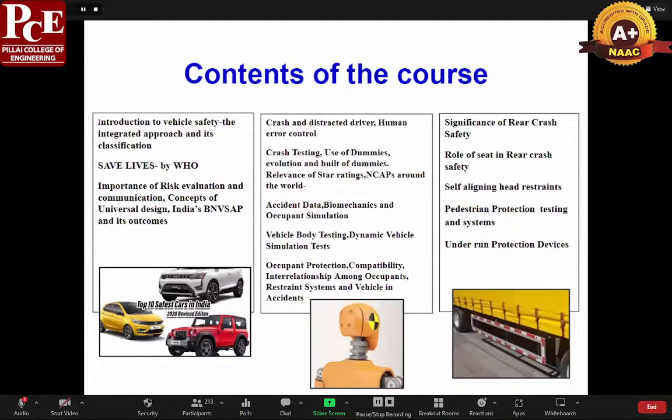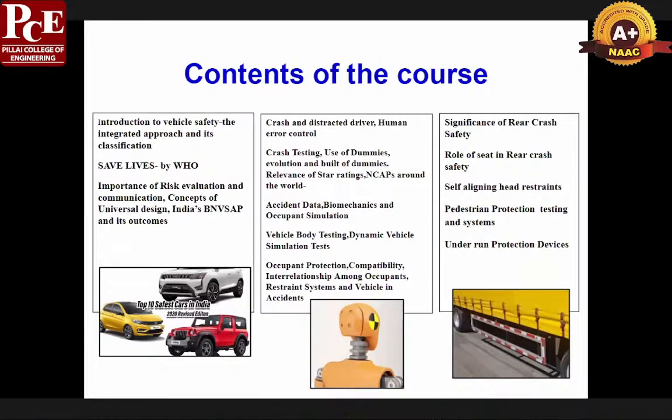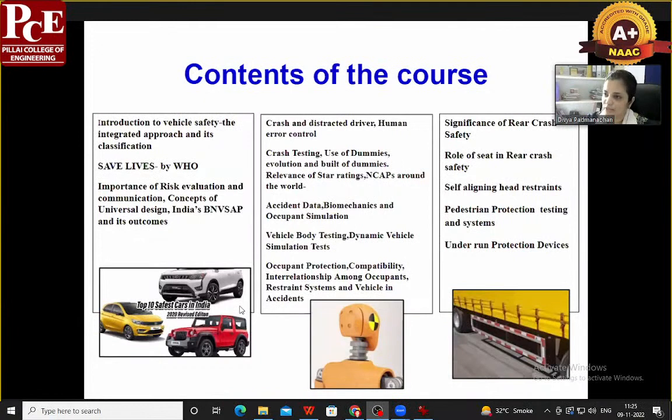Based on the performance of the cars during the crash testing, every car model gets certain points, and the points are then converted into stars. So 5-star is the topmost rating. 5-star rating means it's a safe car.